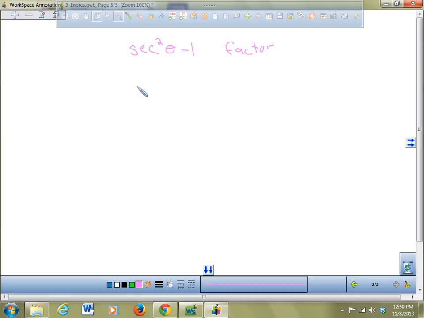Just treat this as if it's x squared minus 1. How would I factor that? Right, very good, Henry. It's a difference of squares, x minus 1 times x plus 1. So secant squared minus 1 is equal to secant theta minus 1 times secant theta plus 1.